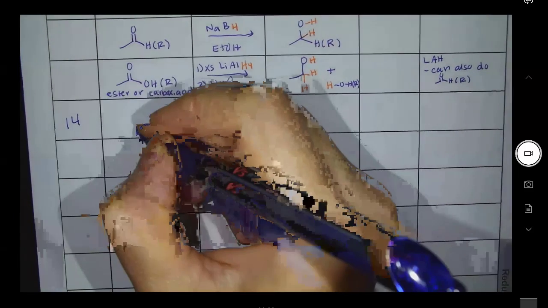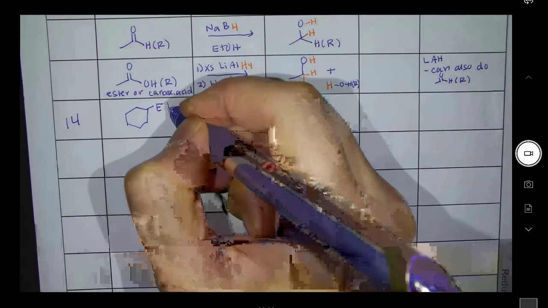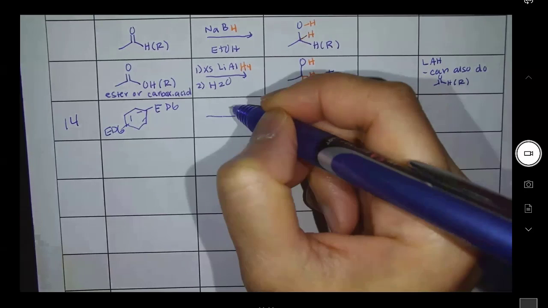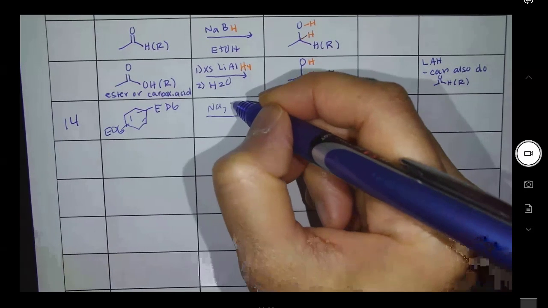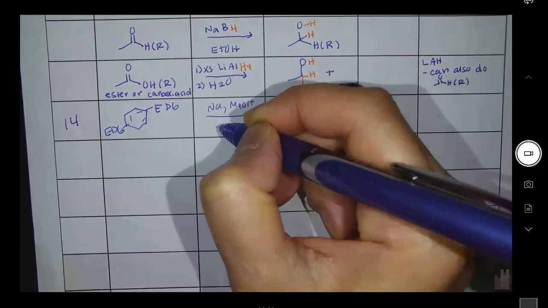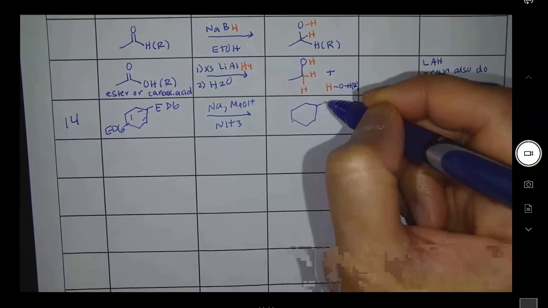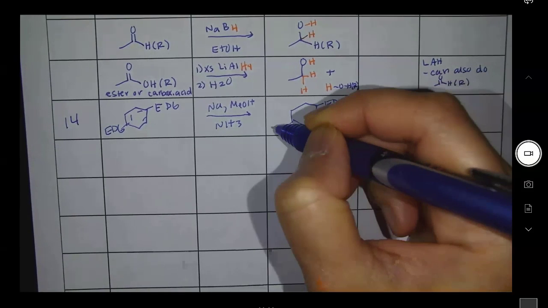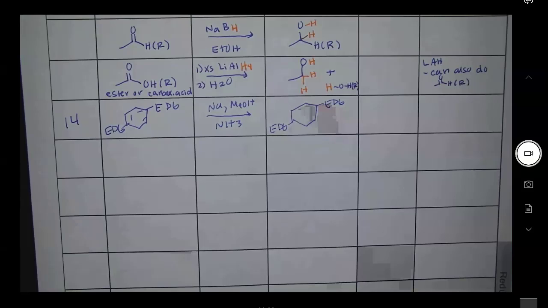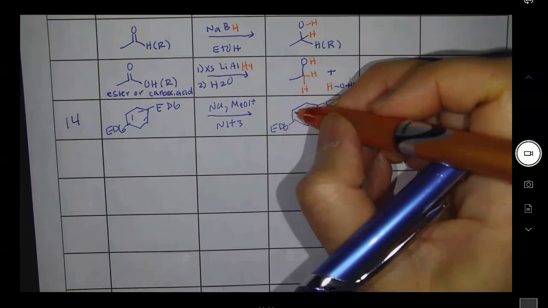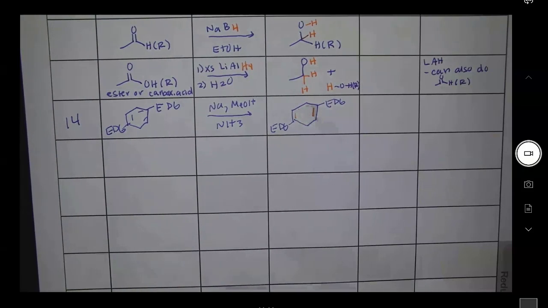But I'm going to start with a benzene that has 2 electron donating groups on it. We add sodium metal with methanol and ammonia. And this is the Birch reduction. So we start with benzene. And we're going to end up with cyclohexadiene. And this is the Birch reduction.